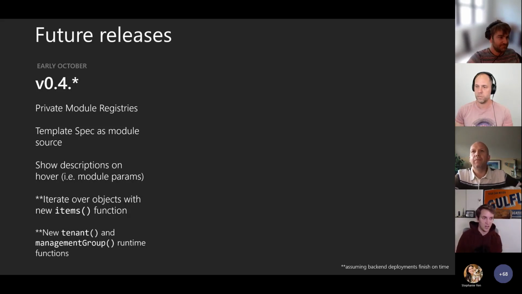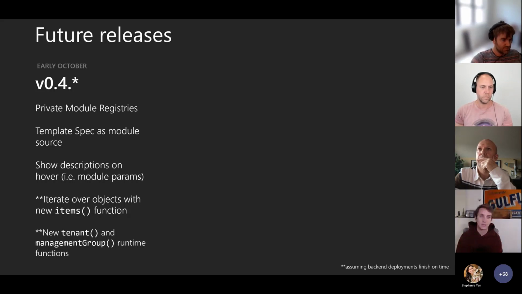That being said, there's a ton of really awesome stuff in this release that we're excited about. Obviously private module registries will be in this release. Template spec as a module source will also be in this release. Before this, in order to deploy a template spec, you actually had to do a raw linked deployment resource, which worked, but had some challenges if you were referencing outputs with weird scoping scenarios attached to it.